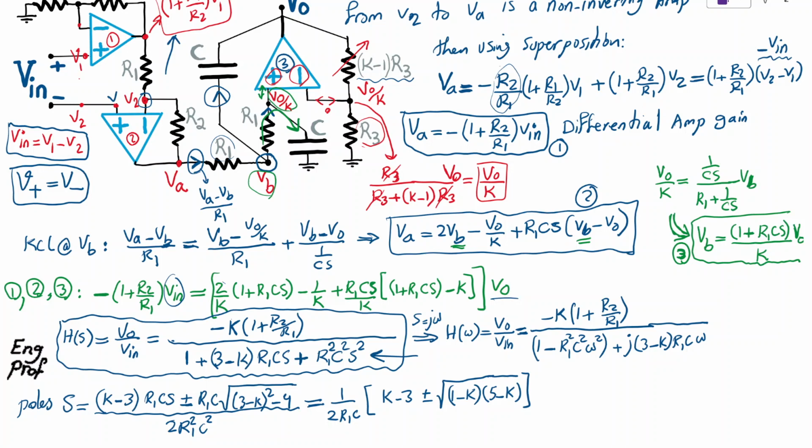In this case, s is j omega, so we're talking about omega. So you can find basically omega for this system, and from omega you can set omega equal to 2 pi f, so you can find effectively the cutoff frequency of this low pass filter.